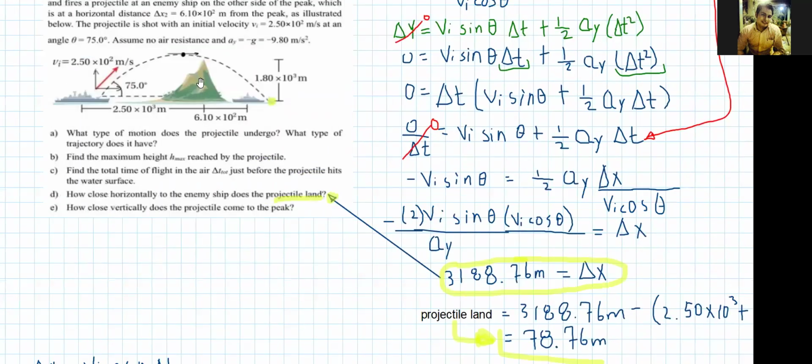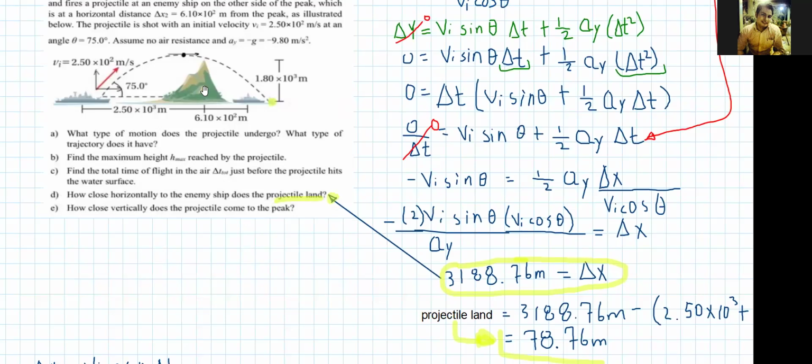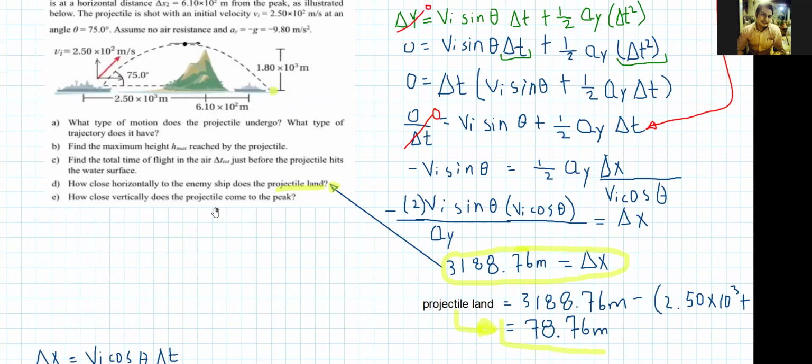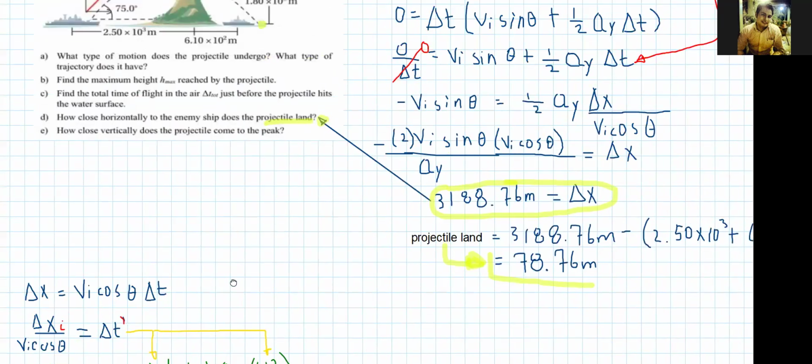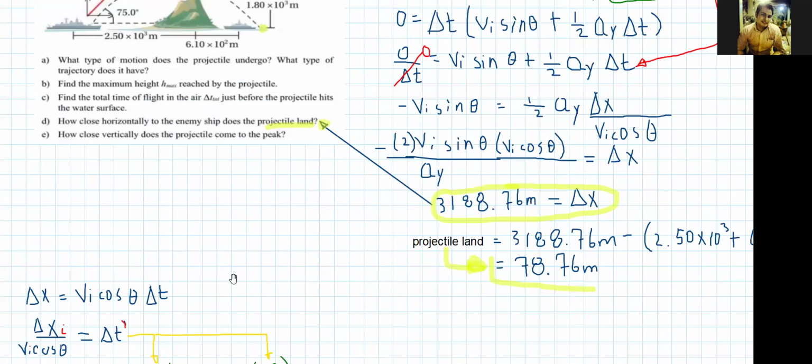The second part of the exercise is: how close vertically does the projectile come to the peak? Here we have the peak, and remember that we should have a vertical displacement greater than 1.80 times 10 to the third power. Knowing that, the sequence that we have is the same. We don't know the time, because this is another time.